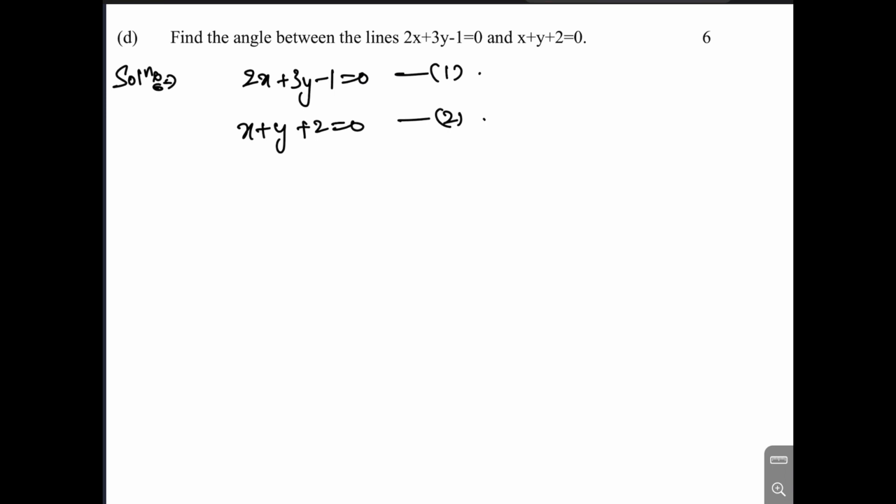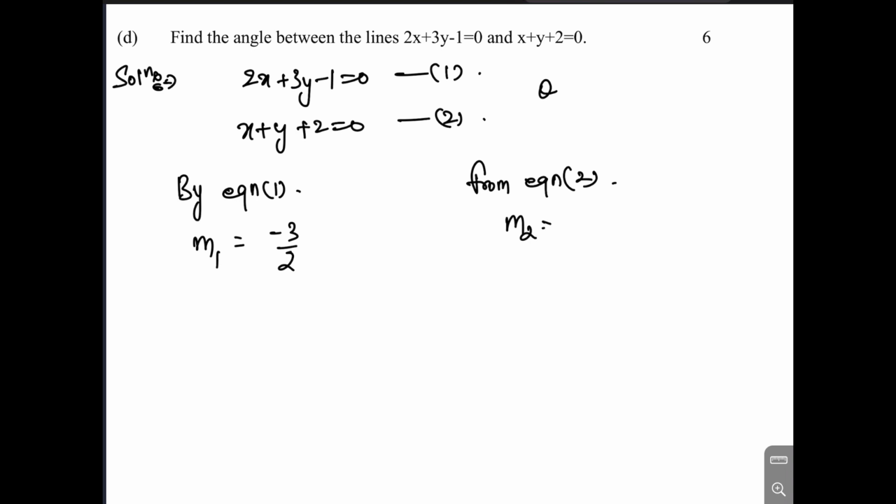We need to find the value of theta. From equation 1 we get the m1 value, minus 3 by 2. From equation 2, the m2 value is minus 1 by 1.